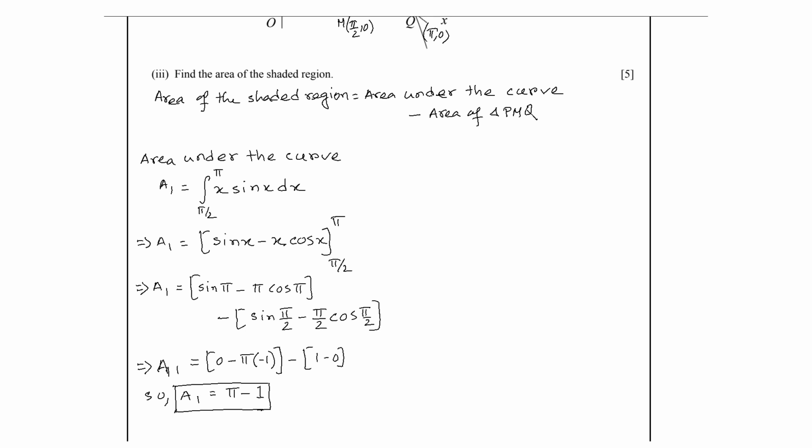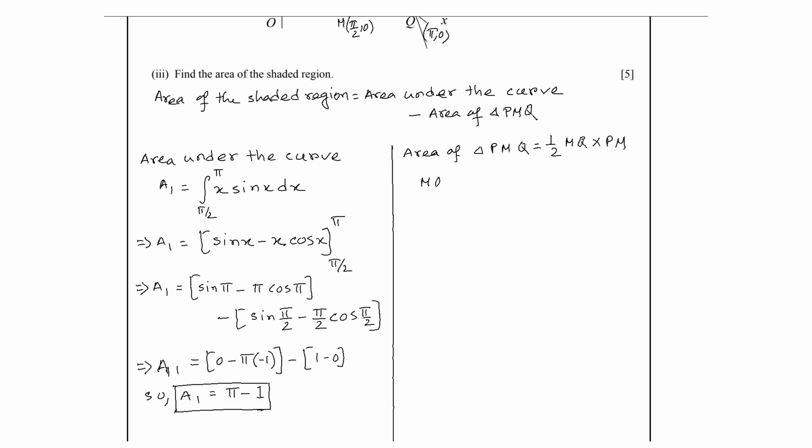Now we have to find the area of the triangle PMQ. The area of the triangle PMQ is half times MQ times PM. This is half into base into height. We use that formula.